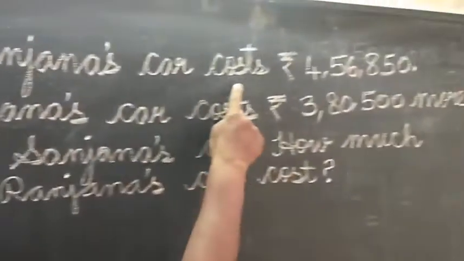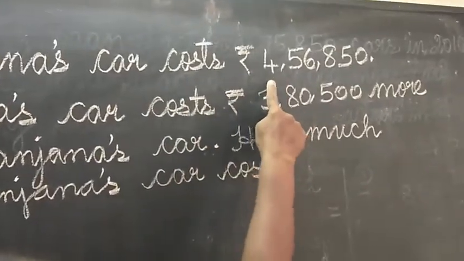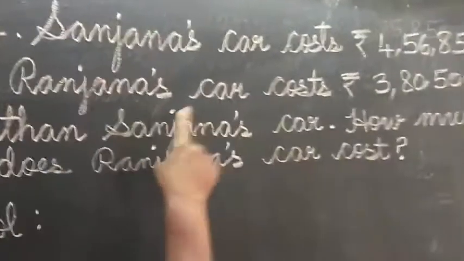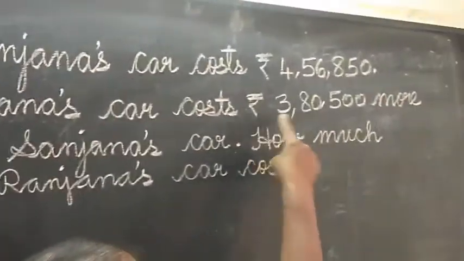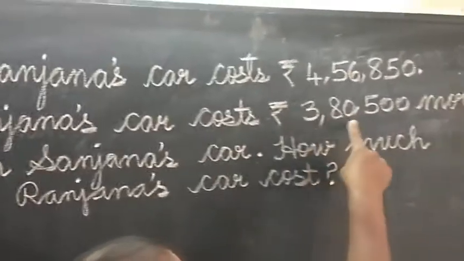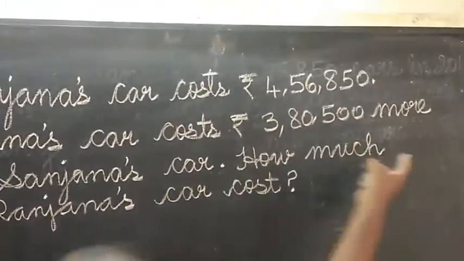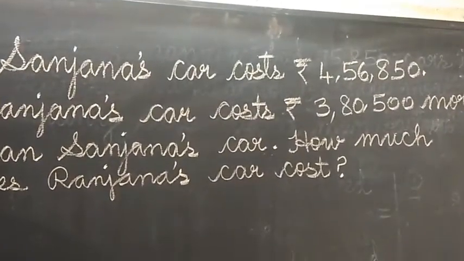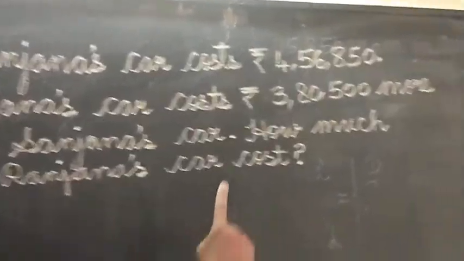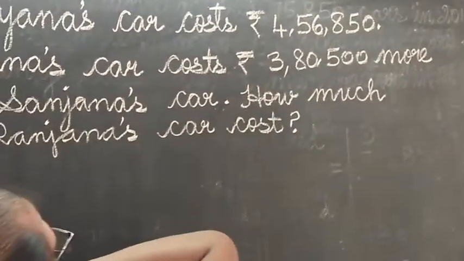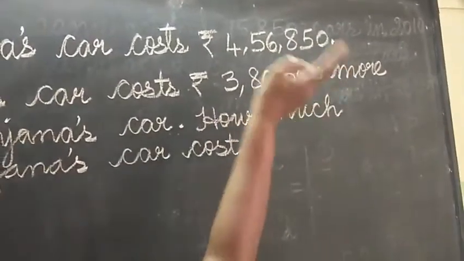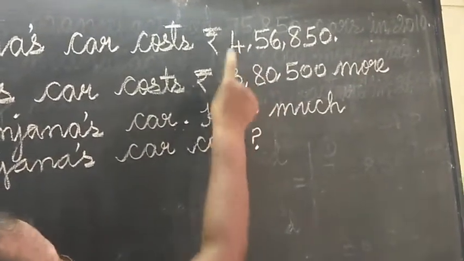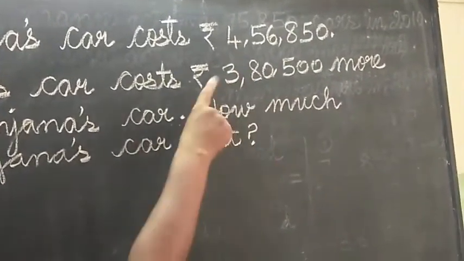Sanjana's car cost rupees 4,56,850 and Ranjana's car cost rupees 3,80,500 more than Sanjana. See, this sum is like the second sum we did. Her car costs more than Sanjana's car. You have to add both, then only the cost of her car you can find out.